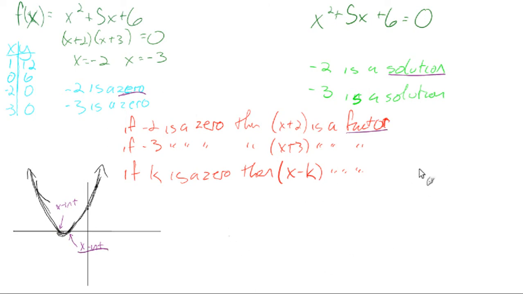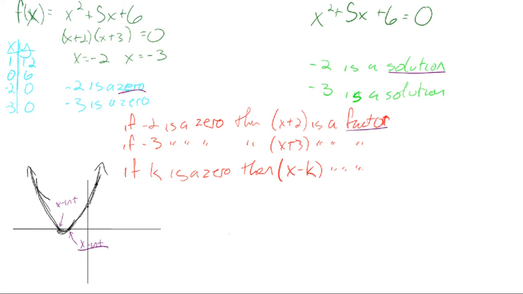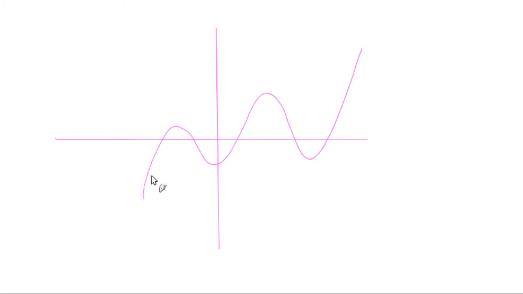One more thing that I want to highlight in this video is what the book calls turning points. So if we had some graph and it was like this, this one here, this one way down here, this up here, this down here, the book calls these turning points.